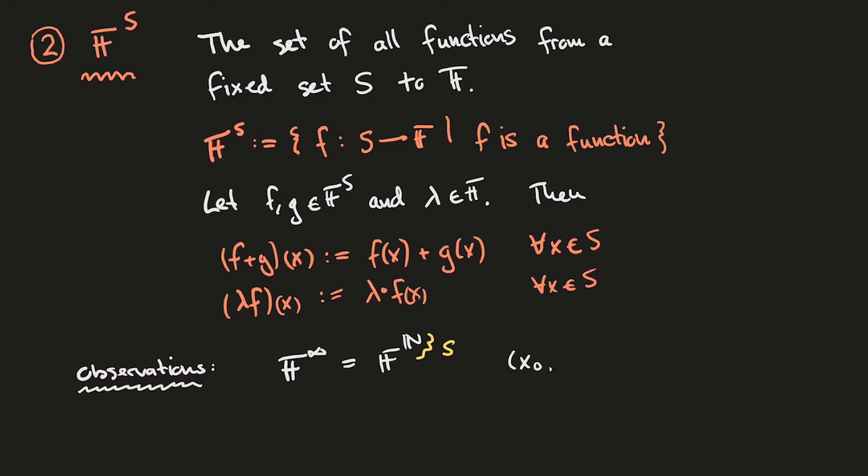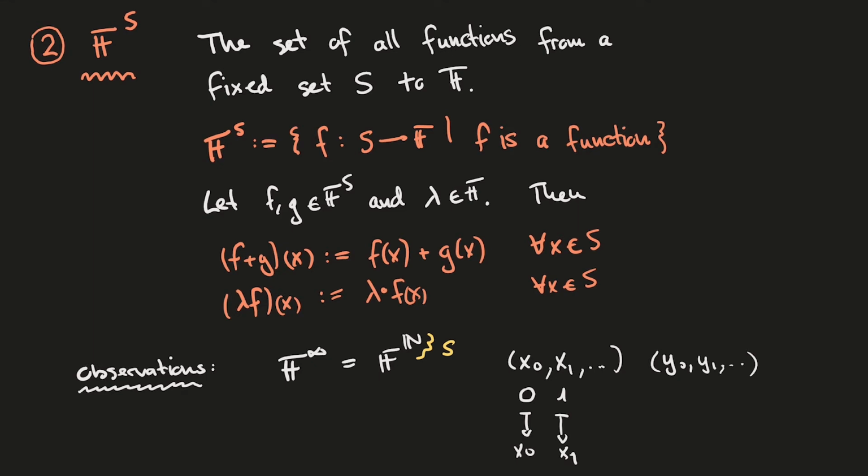To show this, we can take two sequences, x0, x1, and so on, and y0, y1, and so on. And we saw that we can think of these as functions where each index is mapped to the corresponding entry.